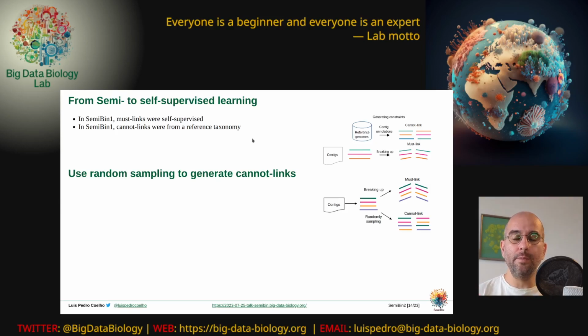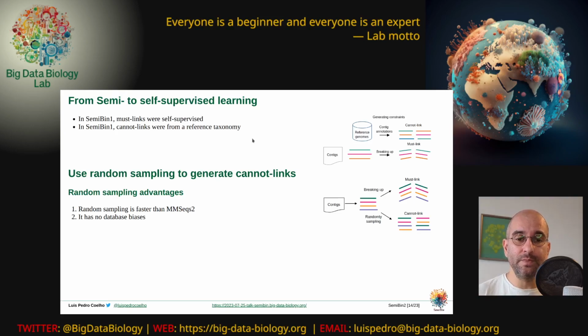If you take two contigs completely at random, they should not come from the same genome unless you're very unlucky. So this is much faster, because random sampling is much faster than MMseqs2, and also, maybe less obvious, it has no database biases.